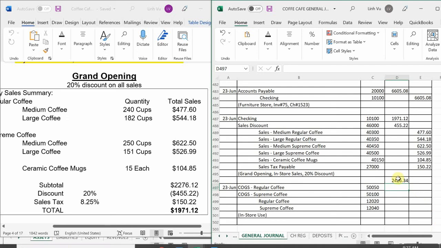So I have a grand total of 24,266.34 on the left, 24,266.34 on the right. Okay, good. So we match on both sides.